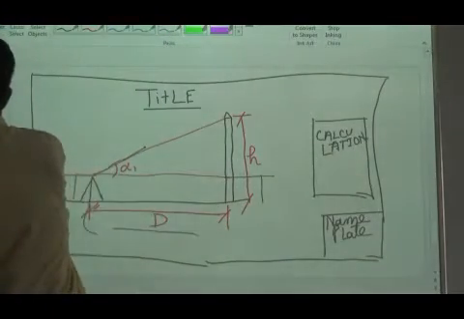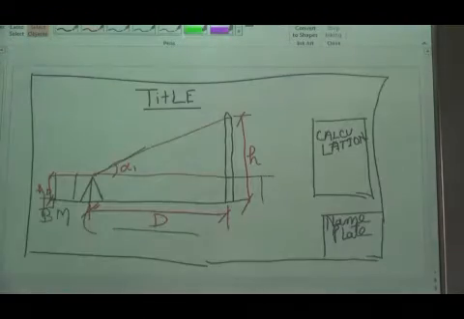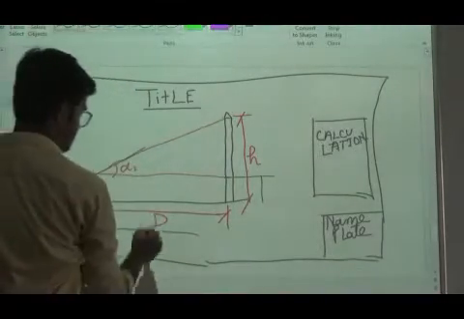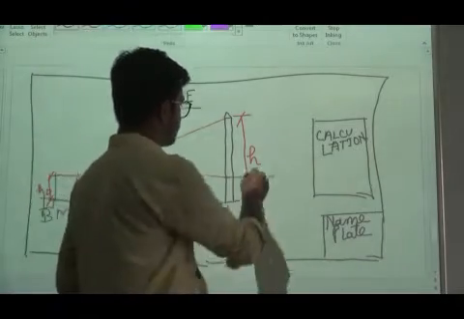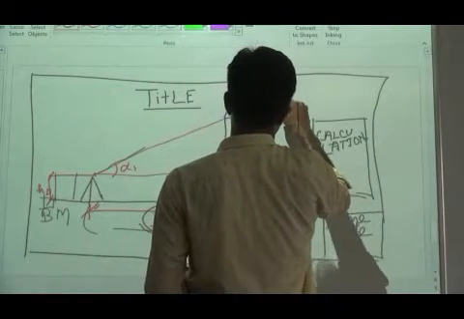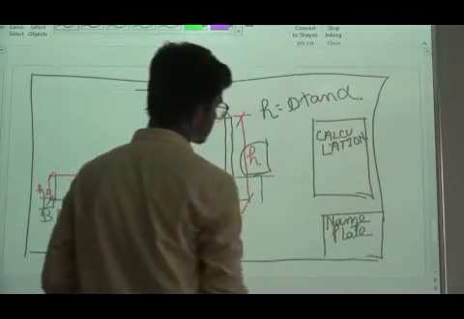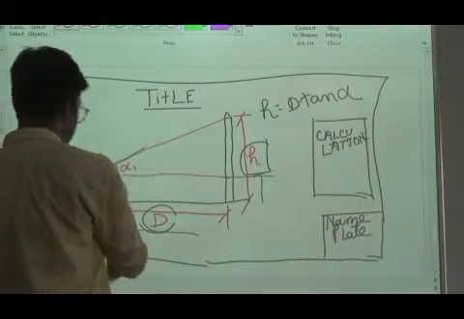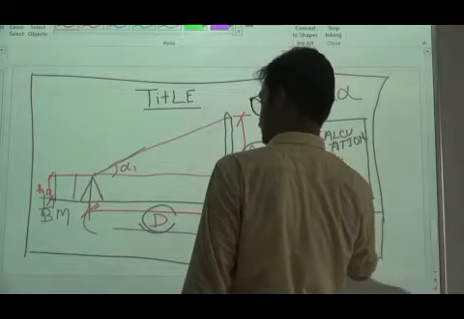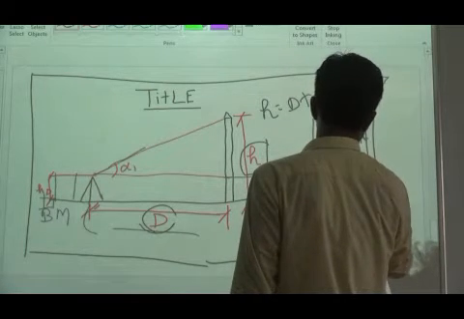With the formula H equal to D tan theta, we have to measure this D using chain or tape, and H will be calculated by H equal to D tan alpha. You have to put this calculation sheet here: the distance, height of the benchmark, height of the instrument to be calculated here, and H will be D tan alpha.